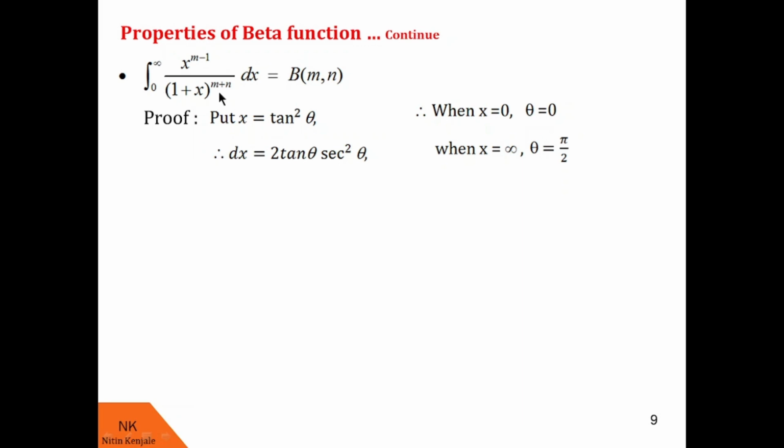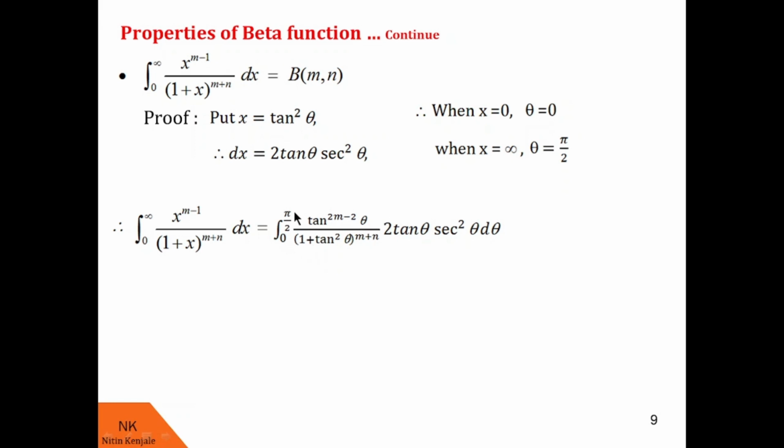Now let us transform this integral. So this integral now will become integral from 0 to pi by 2 of x raised to m minus 1 can be written as tan square theta raised to m minus 1, that is tan raised to 2m minus 2 theta upon 1 plus x raised to m plus n can be written as 1 plus tan square theta raised to m plus n into dx, that is 2 tan theta into sec square theta d theta.